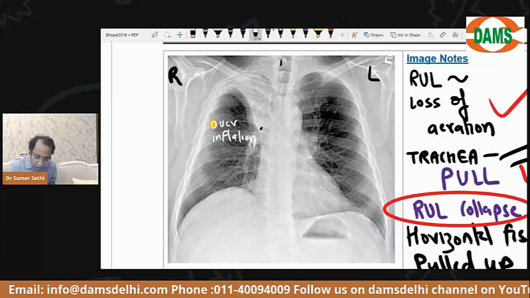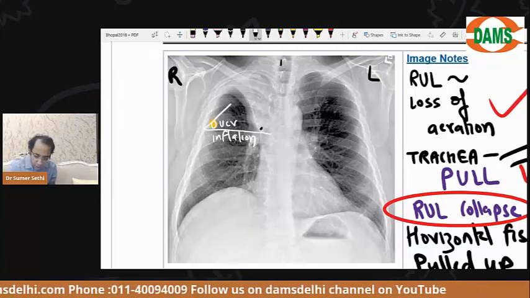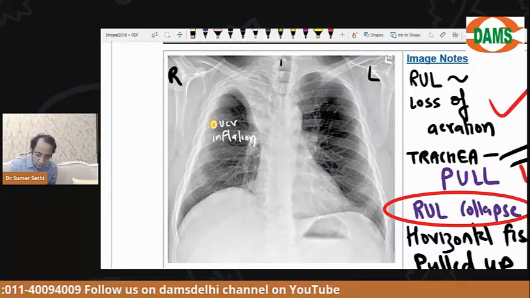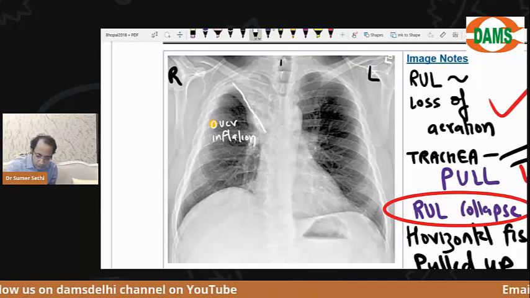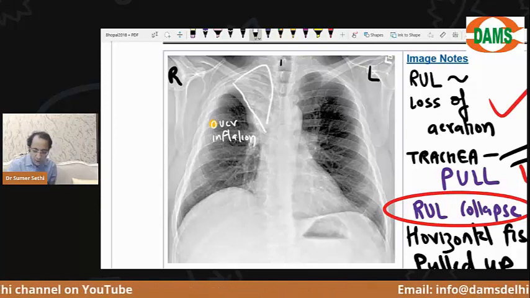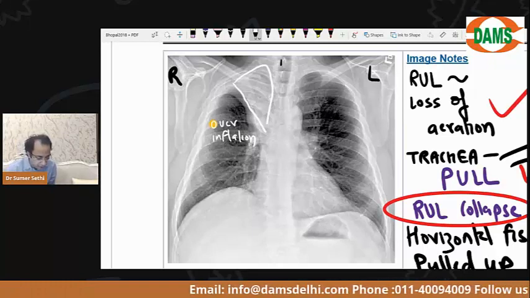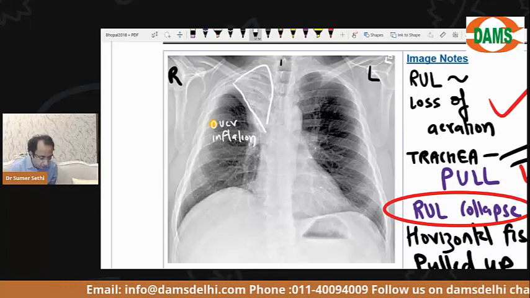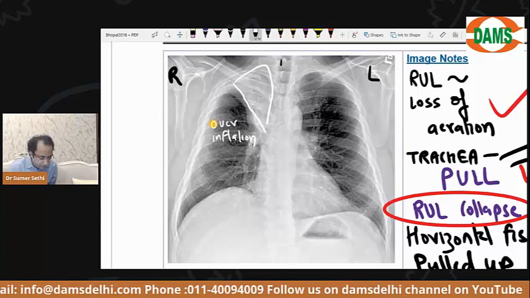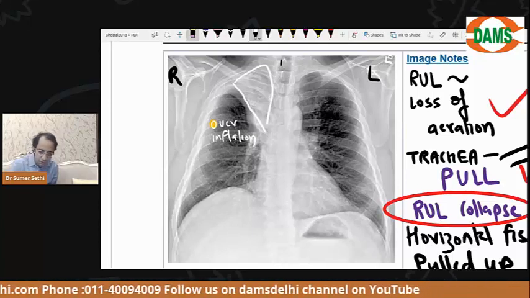Normally your middle lobe and lower lobe would have been here, now they have gone up as well because there is an upper lobe collapse, so there is a compensatory overinflation of the remaining lung. Everybody follows?